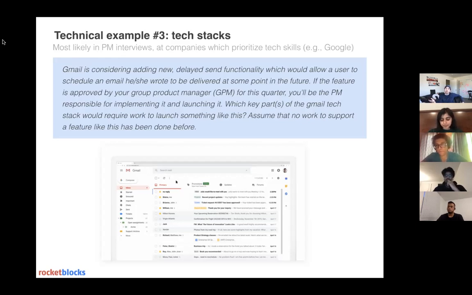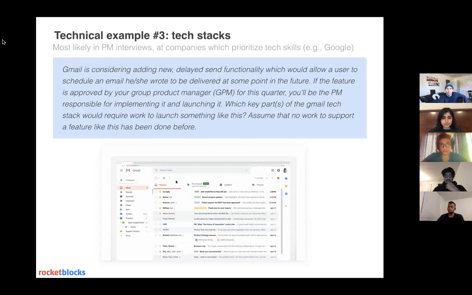Being a product manager is so interdisciplinary and requires so many other skills that the ability to write an if-then loop in Python, or to have written a bubble sort algorithm before, is not what matters.